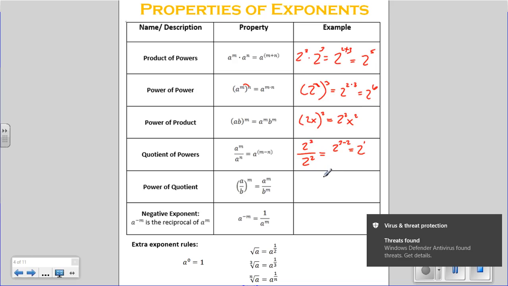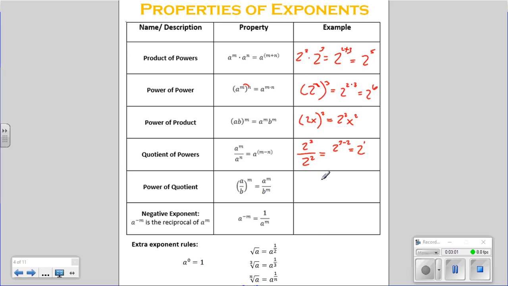Then you have the power of quotient property, which is similar to the power of product, except there's division taking place inside, and you just distribute the exponent to all bases. So let's say I have 2 over x to the power of 2. That means it would be 2 to the power of 2 over x to the power of 2.